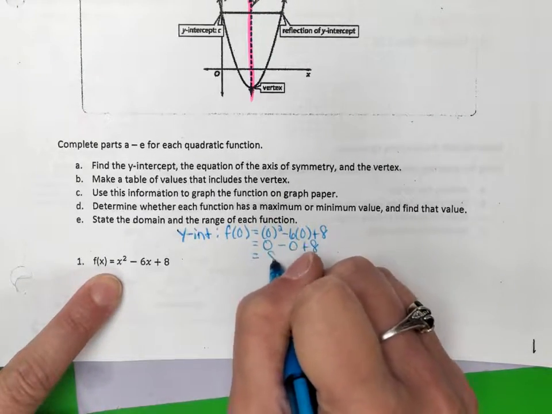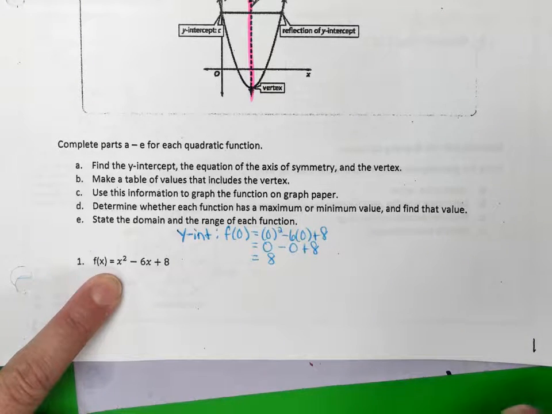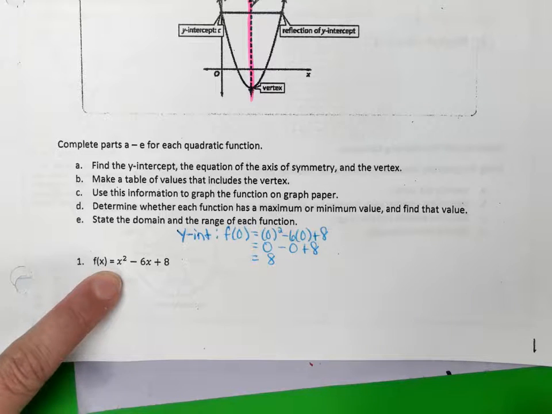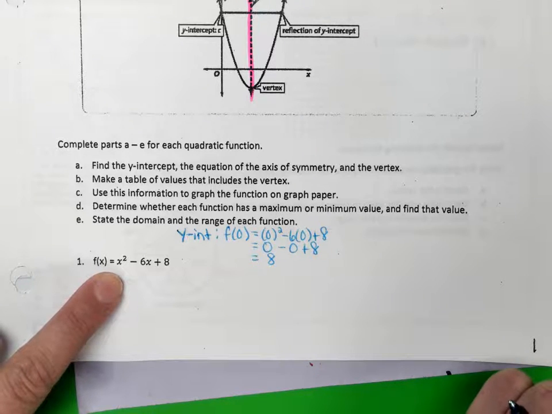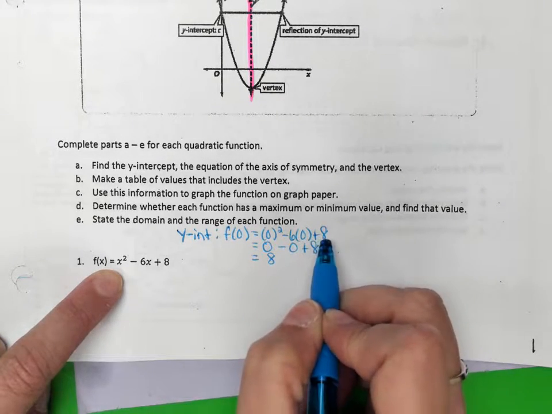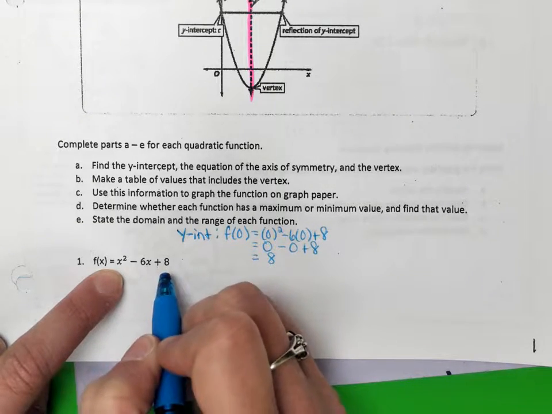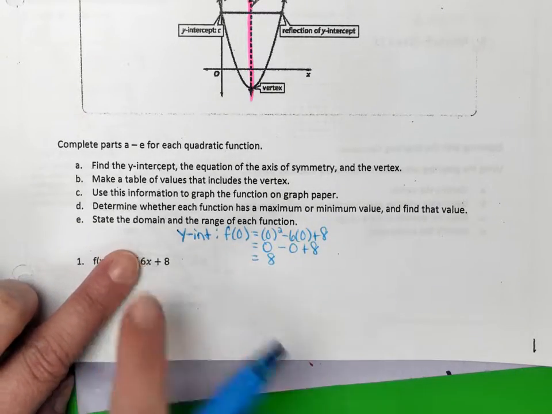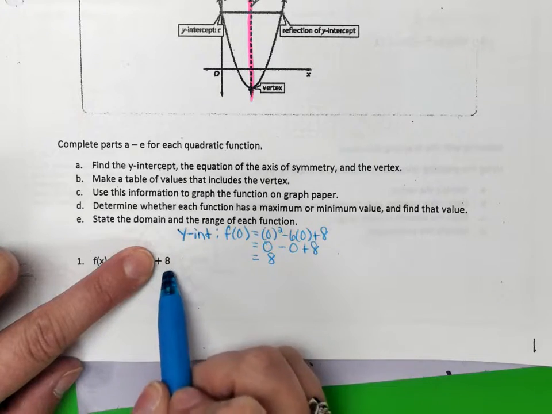That is just 8. So the y-intercept is at 8. Now, if you're very intuitive, you could realize that your y-intercept is always just going to be what? The constant, which was 8, right? Does that make sense to everybody? Because if you plug in 0 for both of these, they're going to go away, and all you're going to have left is 8.